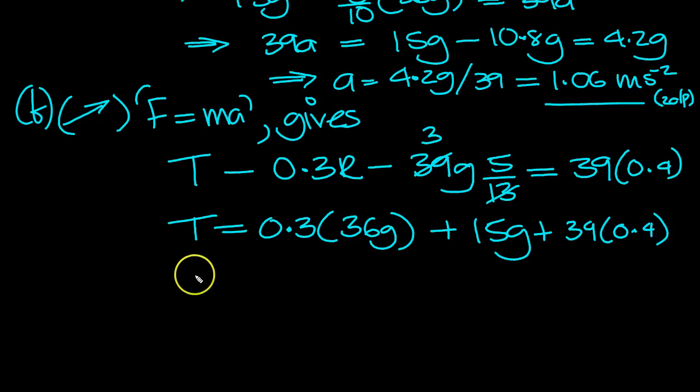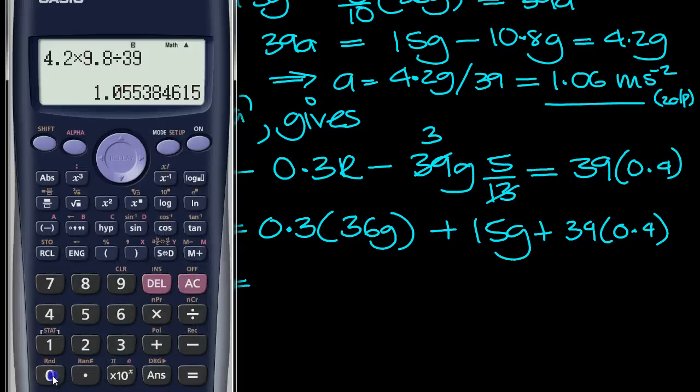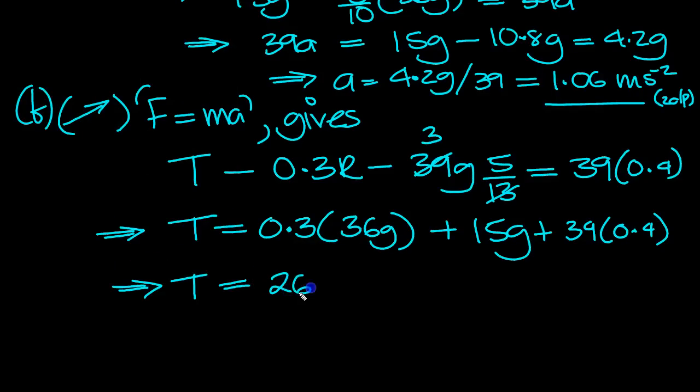We need to tap this in the calculator and see what we get. So 0.3 times 36 times 9.8 plus 15 times 9.8 plus 39 times 0.4 equals 268.44 newtons. That's the tension in the rope.